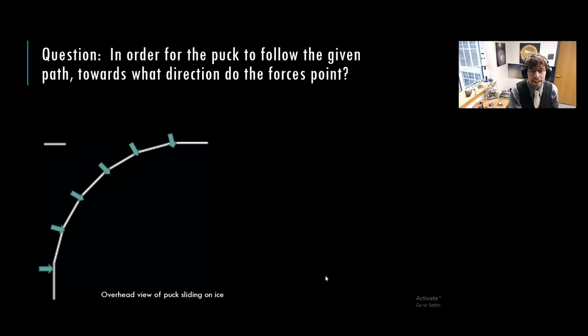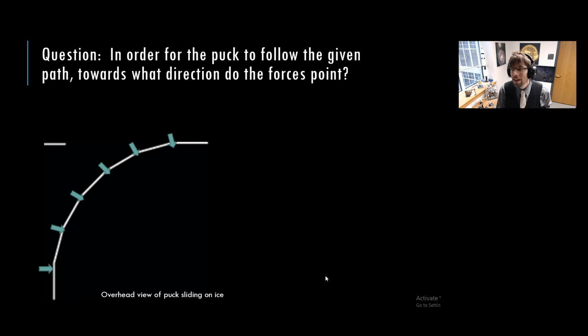So I hit the puck perpendicular to its motion in order to change its direction. Towards what location do all of those hammer strikes point? And be specific. See if you can describe it as a specific location.